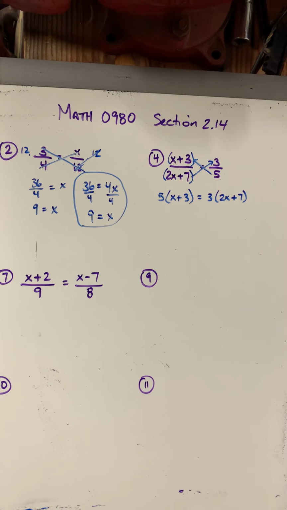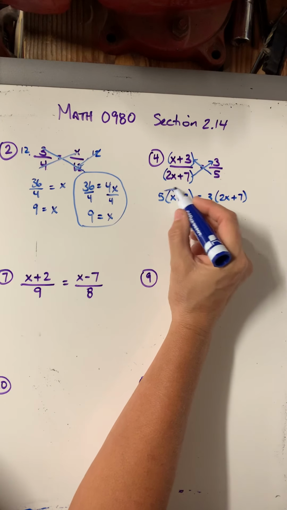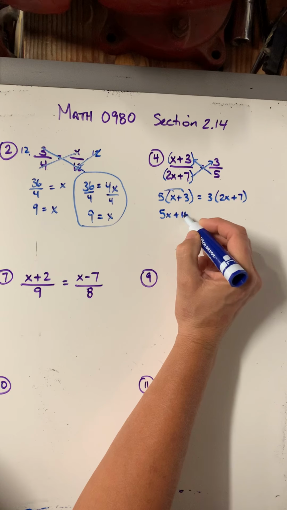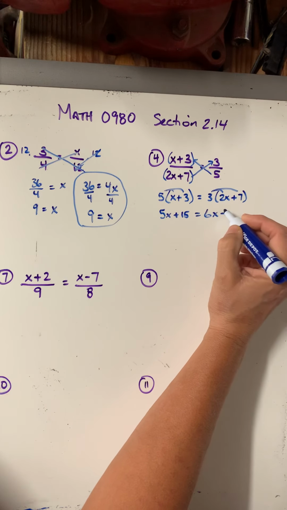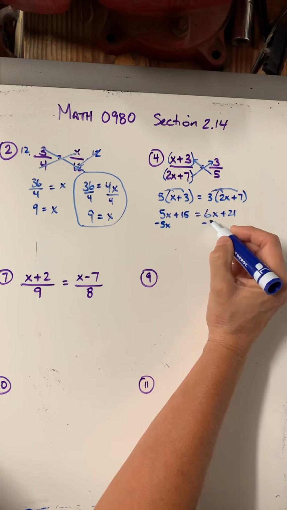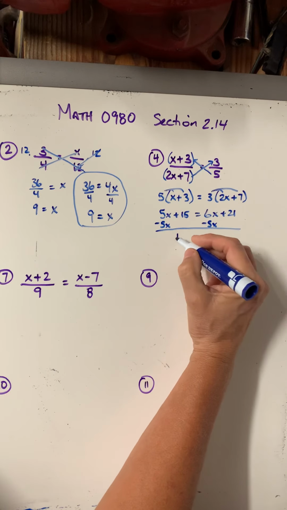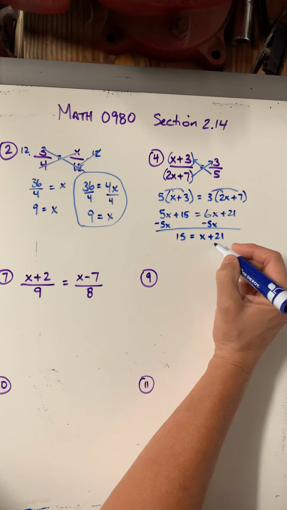And then you just solve the equation like we did in the previous section. So if I distribute the 5, I get 5x plus 15 equals 6x plus 21. I'm going to subtract 5x from both sides, leaving 15 on this side equals just 1x plus 21.